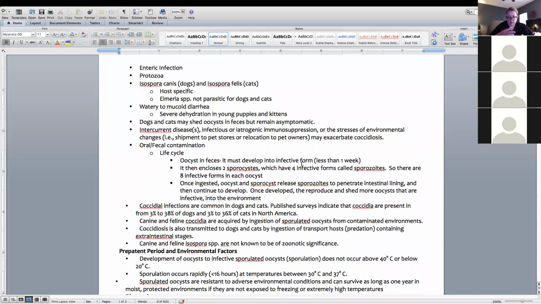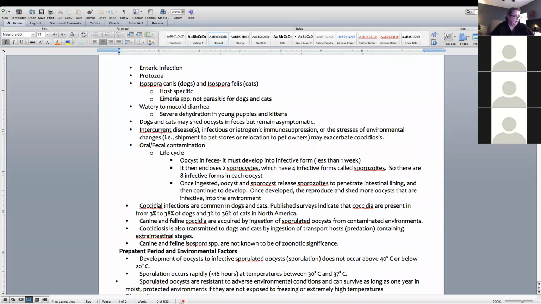That's the more common way. And then she picks it up because she licks them, and it just keeps reinfecting. So a lot of times the mother can be treated as well as the puppies and the kittens.